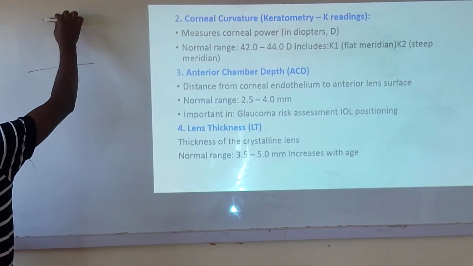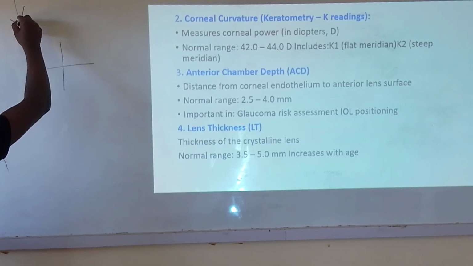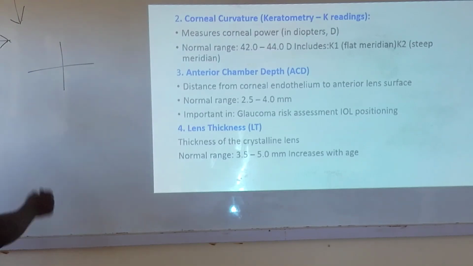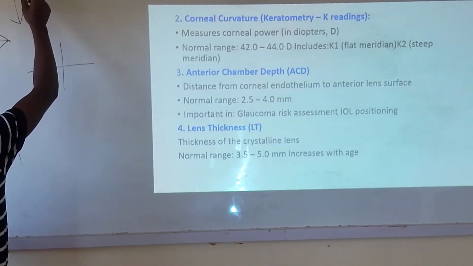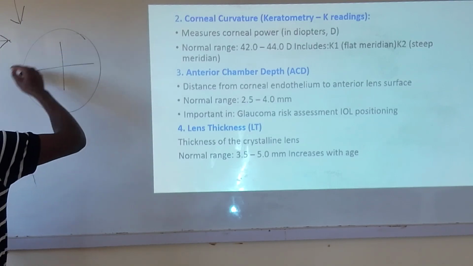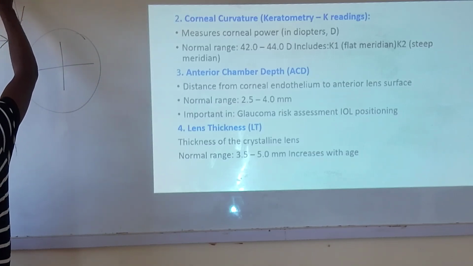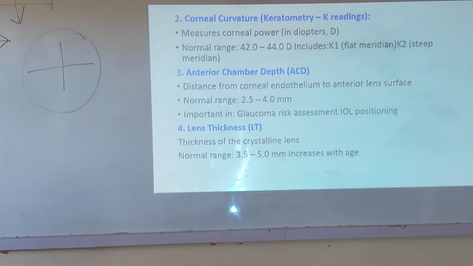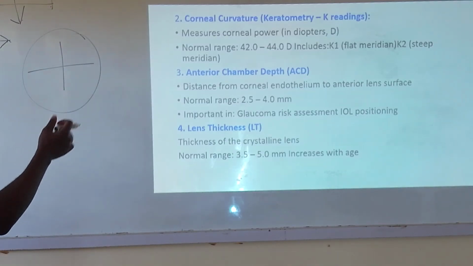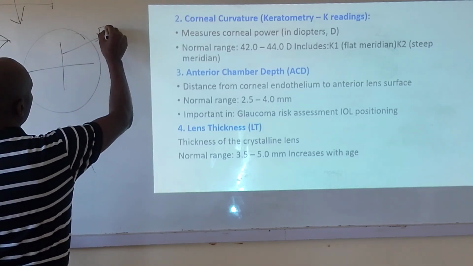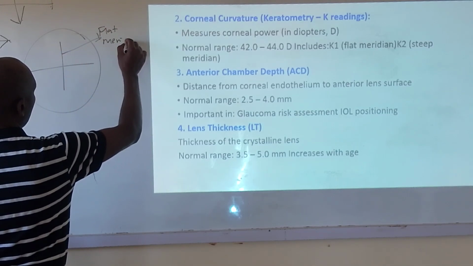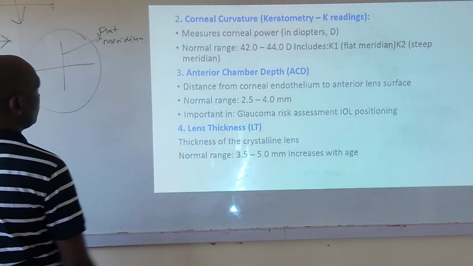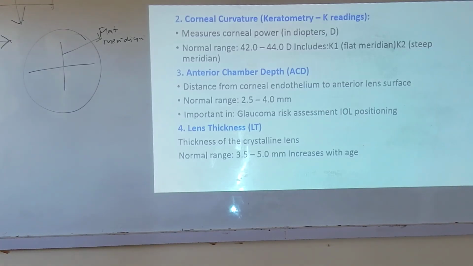So we have this plane that is going perpendicularly like this, and this plane that is going horizontally. So if your cornea is like this, and this plane towards vertical direction is, let's say maybe it is flat, then that's what we call a flat meridian. And it is represented by K1 when you do the measurements of the cornea.